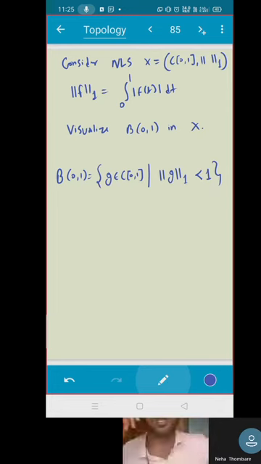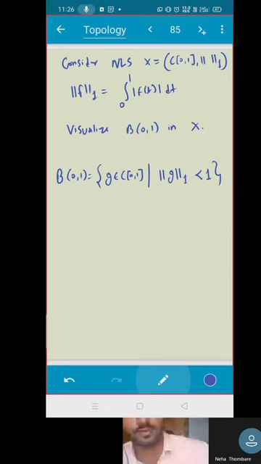Do you agree? That means the area under the curve mod g should be less than 1. Then I will call that.